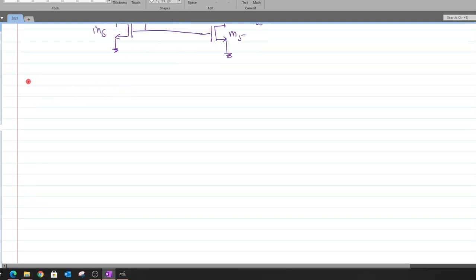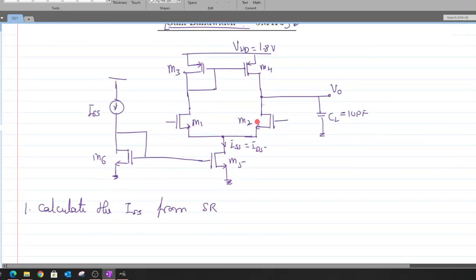So the very first step is to calculate the tail current ISS from the slew rate. Okay, so that would be the first step, and once you calculate that, then we will know the currents that are flowing through each of these branches, which is going to be half of the ISS.